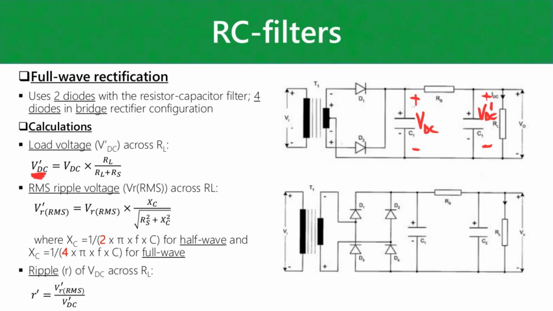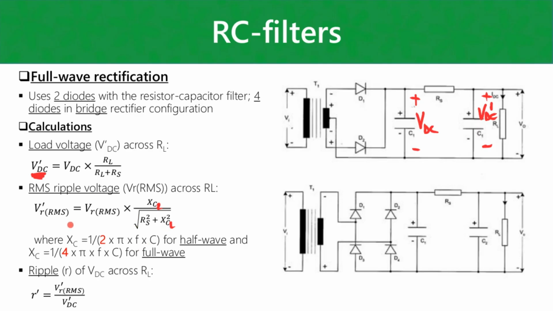Then your ripple voltage, because it's an AC voltage, is pretty much just going to be dependent on the capacitors. This should actually be RS, and that should be XC2, specifically that second capacitor at the end. This is where the frequency part comes in.